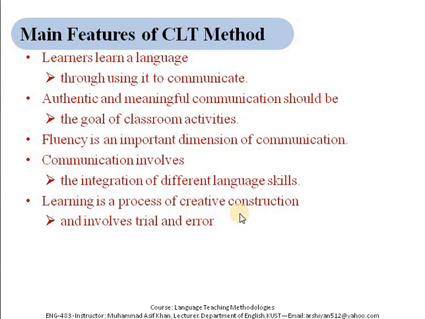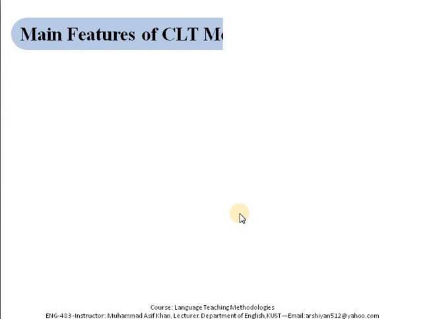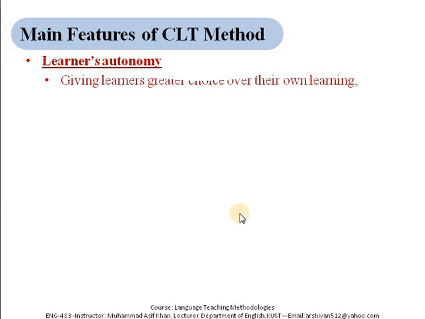Some other important features of the CLT method are that it gives learners autonomy, and it provides greater choice to the learners over their own learning. This choice is given both in terms of the content of the learning as well as the process that they might use to learn the language.